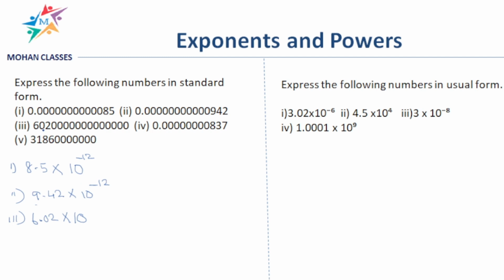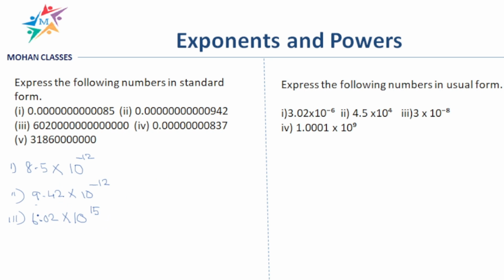After this only we have put a decimal, right? 1, 2, 3, 4, 5, 6, 7, 8, 9, 10, 11, 12, 13, 14, 15. Here it will come as plus. Clear? Once again we will do it. Correct. 6.02 into 10 to the power of 15.